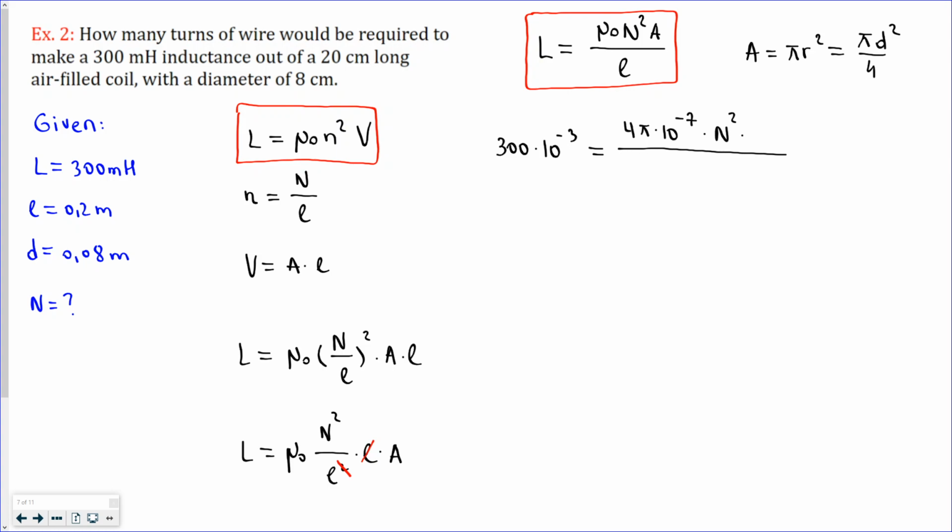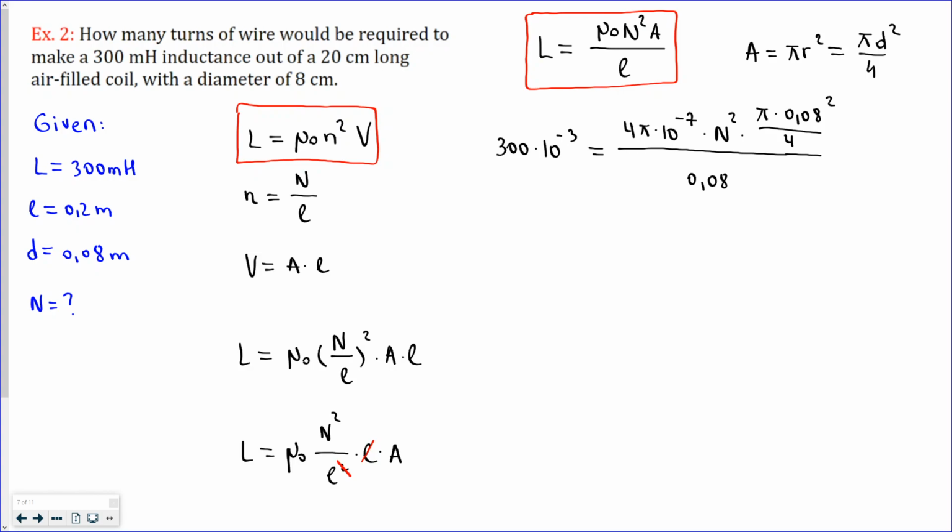So we just put here pi and d, it is 0.08 squared over 4, and also divide by 0.08. Okay, now all we need to do is calculate this.